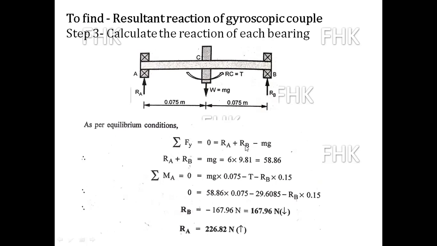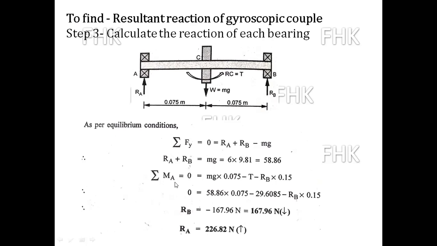So Ra plus Rb is equal to mg. The value of mg is equal to 6 kg, the mass of the rotor, into 9.81. So Ra plus Rb is equal to 58.86.